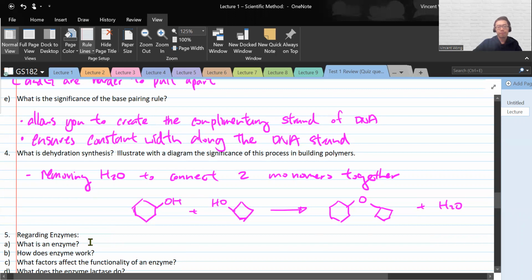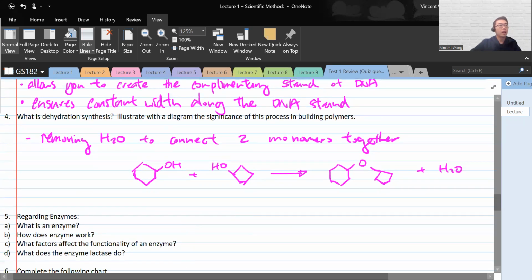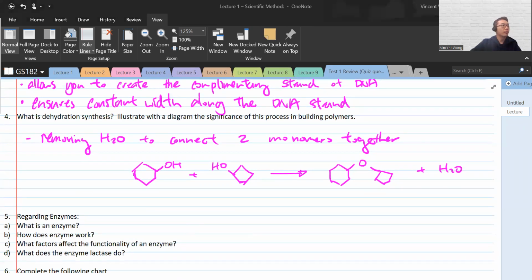That's dehydration synthesis. You can repeat this process over and over again, and then you would end up having a long chain. Okay. Any questions so far?